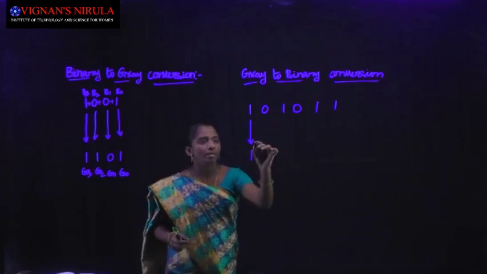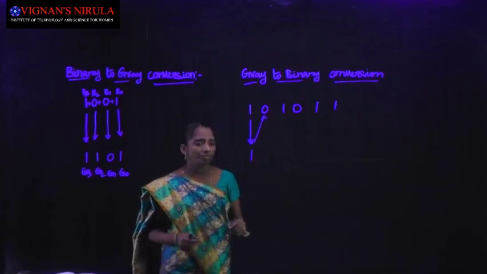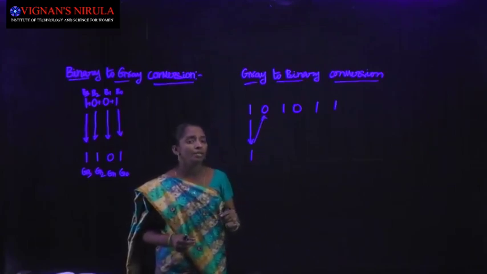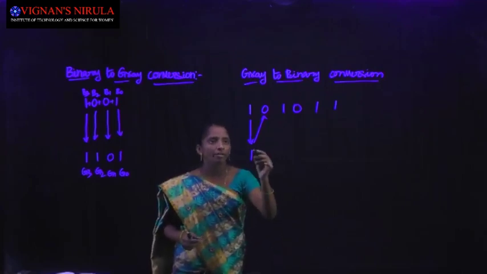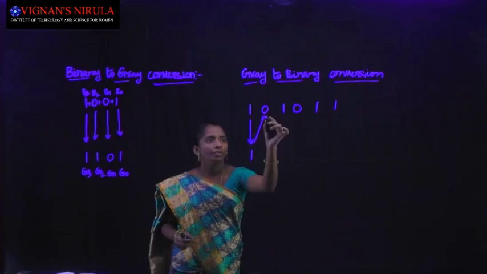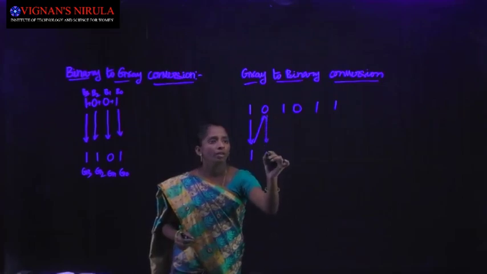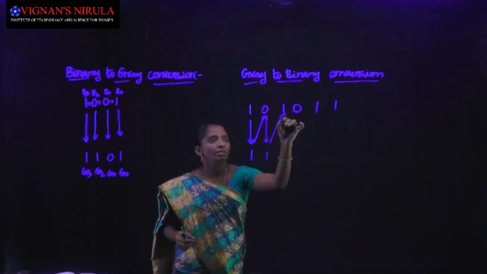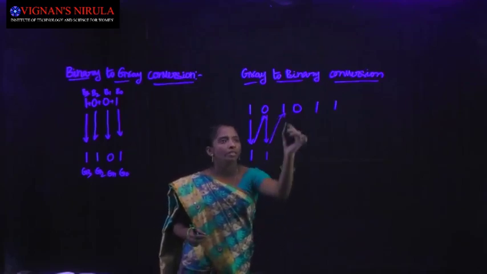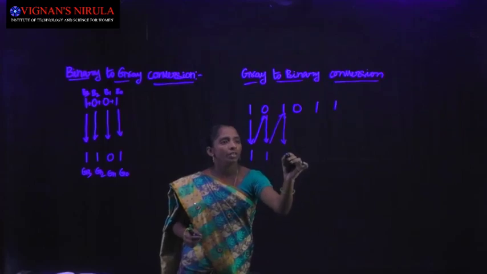Now add this MSB of the binary to the MSB minus 1 of the gray code. So 1 plus 0 is 1 here. Now add this to the next bit. 1 plus 1, sum is 0, that is 0.